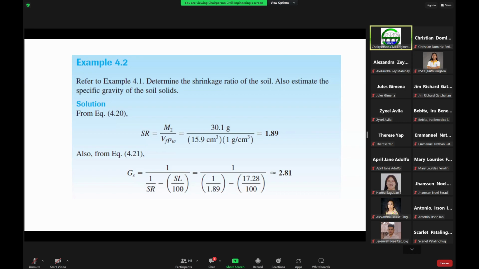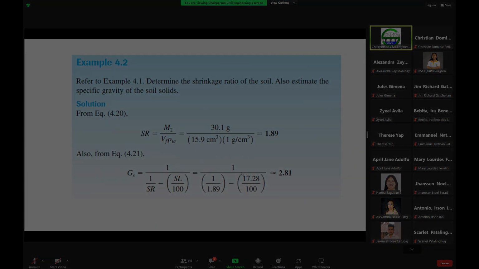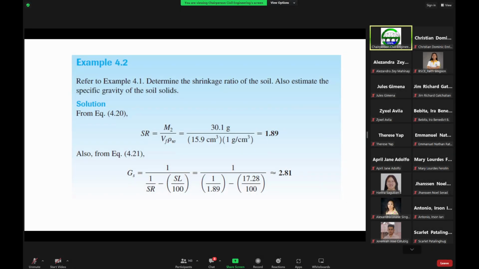We substitute the value for the shrinkage ratio and the value for the shrinkage limit, and then we can get an approximate value of 2.81. So in this case, you have a larger specific gravity. Normally, we have around 2.65.